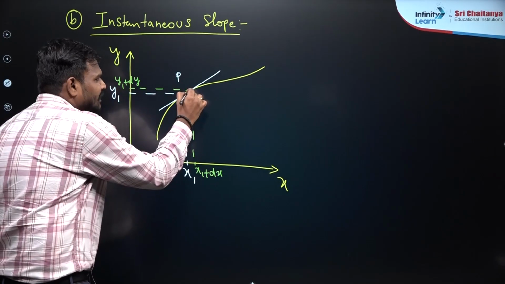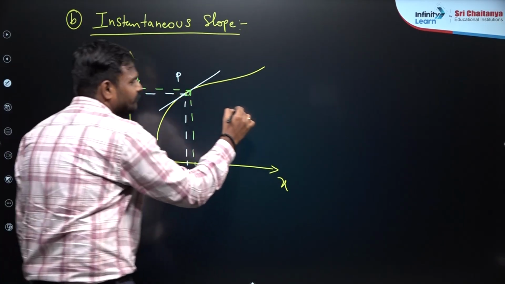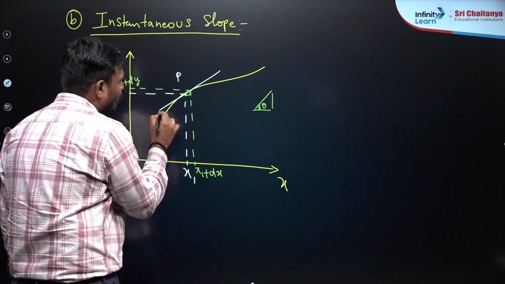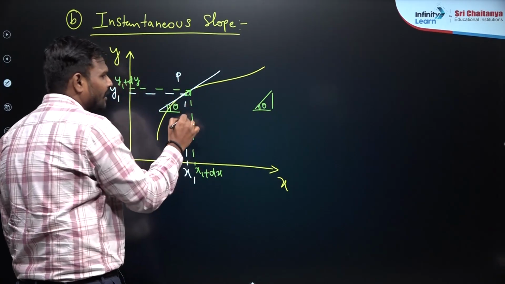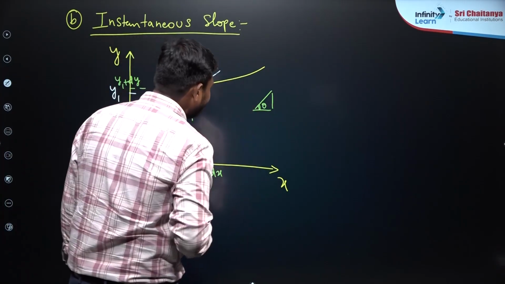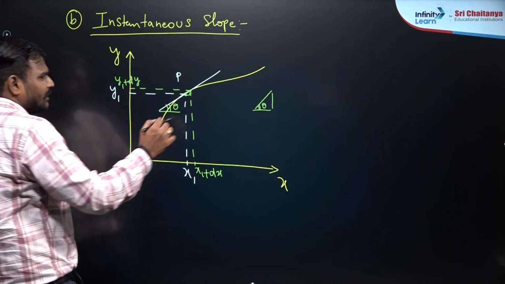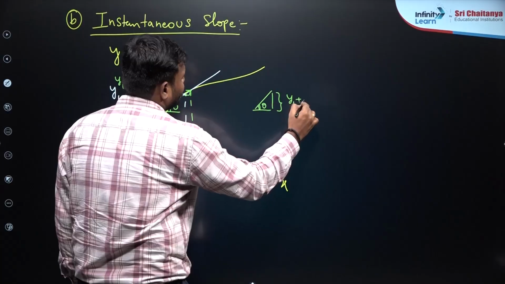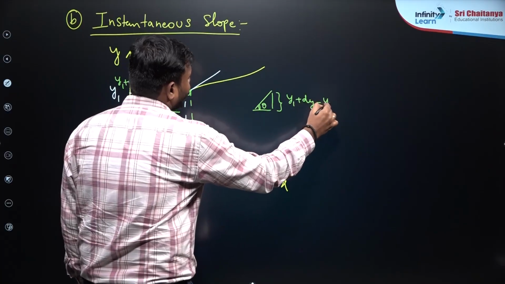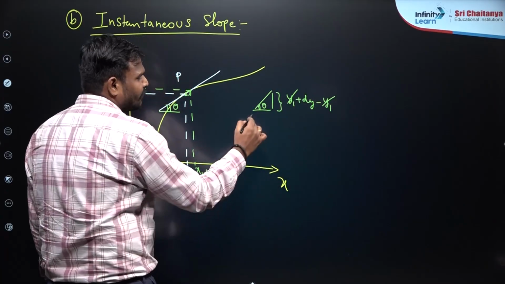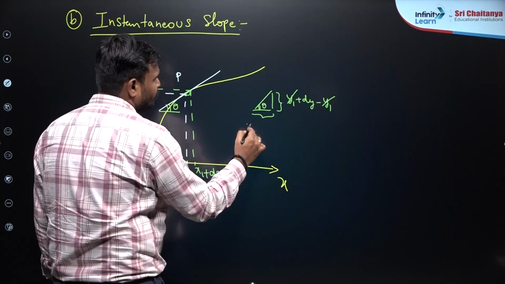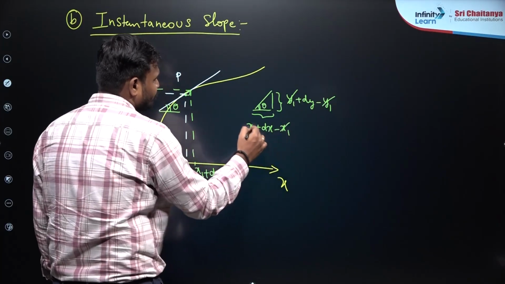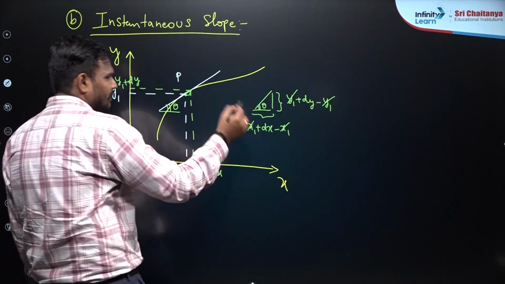So here if you see, there is a triangle formed, and if the line makes an angle theta with the horizontal, the angle in the triangle will also be theta. And same story: y2 minus y1, that is y1 plus dy minus y1, that is dy, and x2 minus x1, that is x1 plus dx minus x1, that is dx.